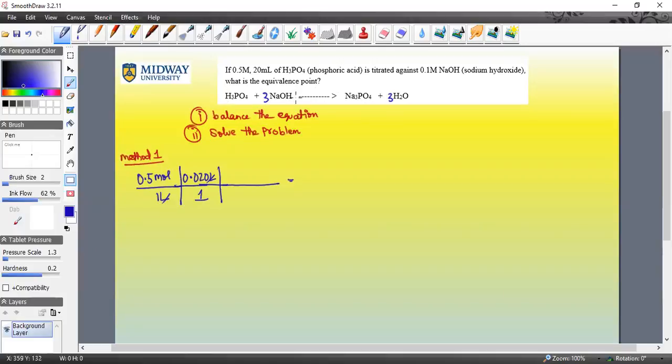For titration, we're usually only on the left side. We rarely ever go to the right side. So since we are starting with the acid, which is the phosphoric acid, the acid part would go down. So for every 1 mole of the acid, H3PO4, we needed 3 moles of sodium hydroxide. So that goes on the top.